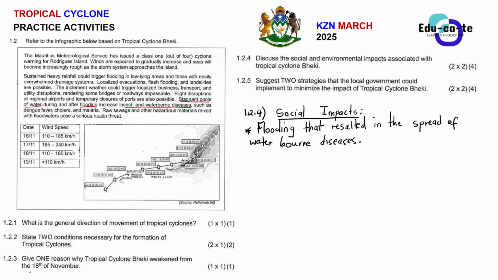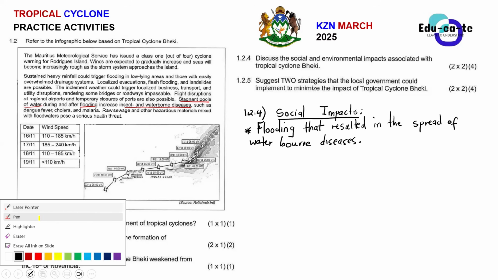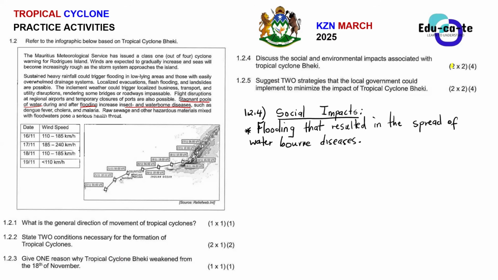Guys, this is a 2 marks question. Remember, when they say 2 by 2, this is like 2 points for 2 marks each. So each and every point must be worth 2 marks. And I told you guys how to answer for 2 marks. You give the cause and you give the effect or the result. So for example here, our cause is flooding.